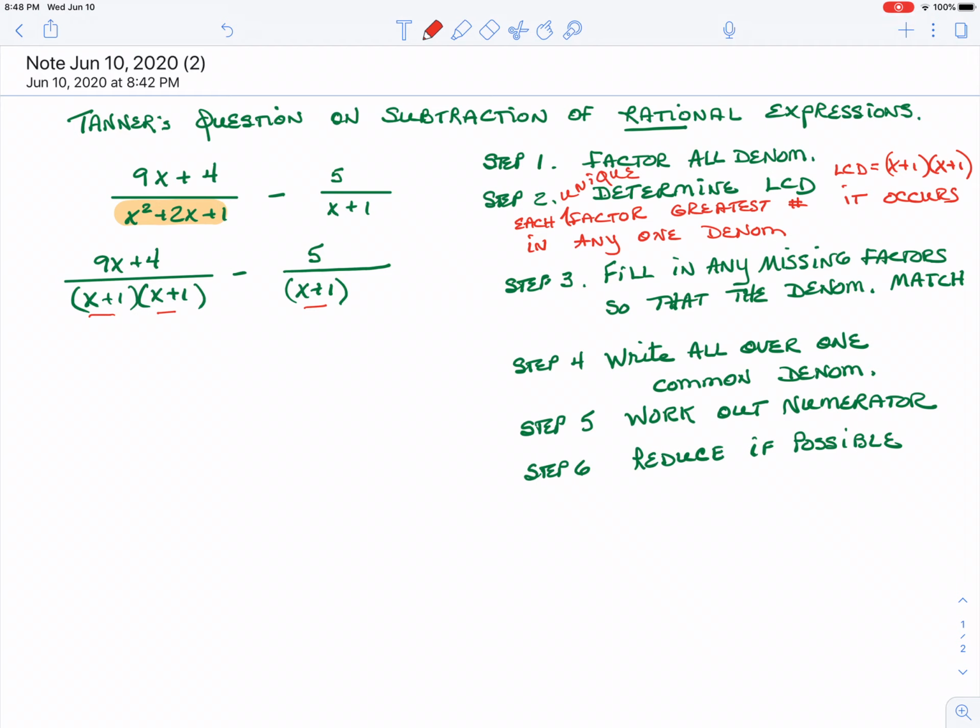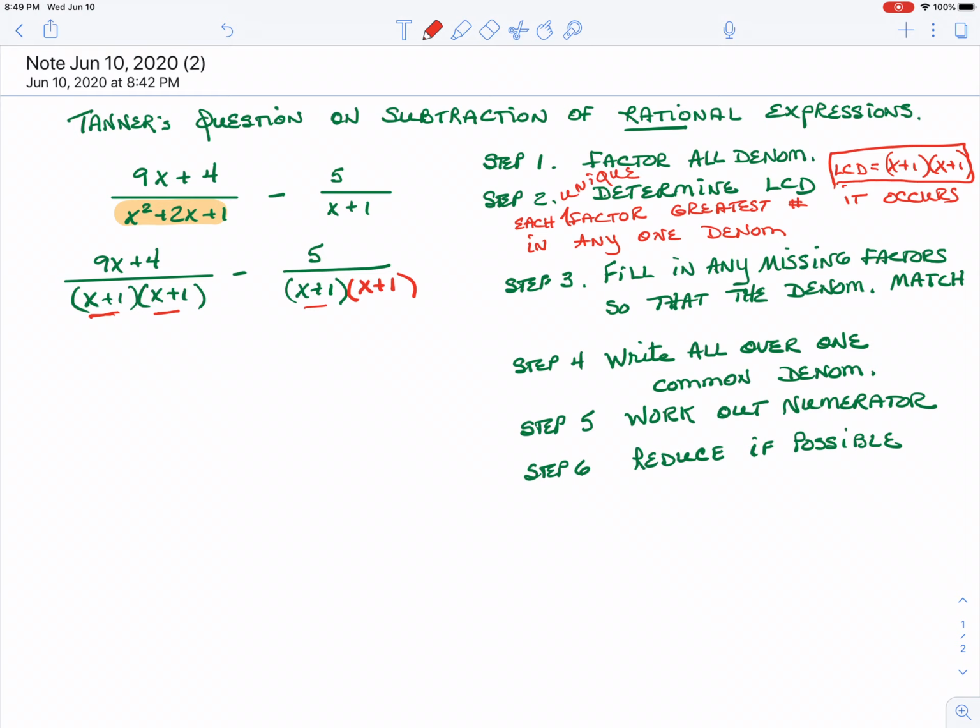Step 3 is you do this little comparison step. You look at what you want here in the LCD, which is 2 factors of x plus 1. You see that you've already accounted for these 2 factors here, but you're missing a factor of x plus 1 in the second denominator.